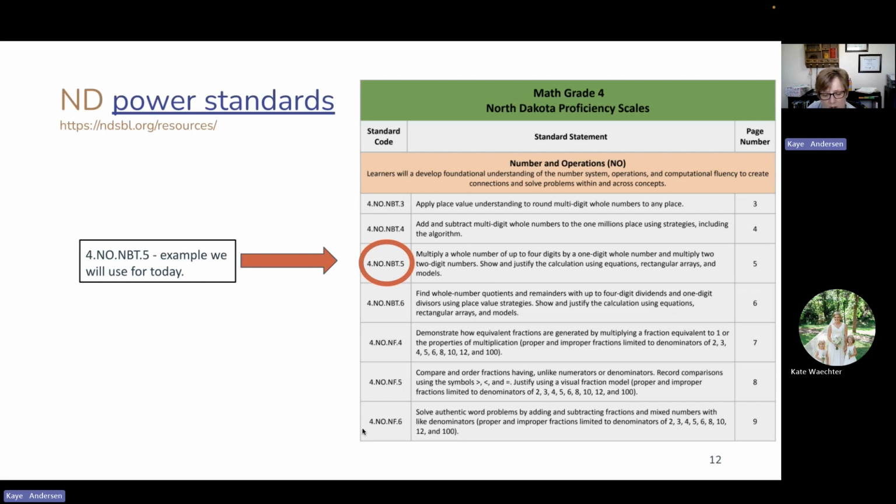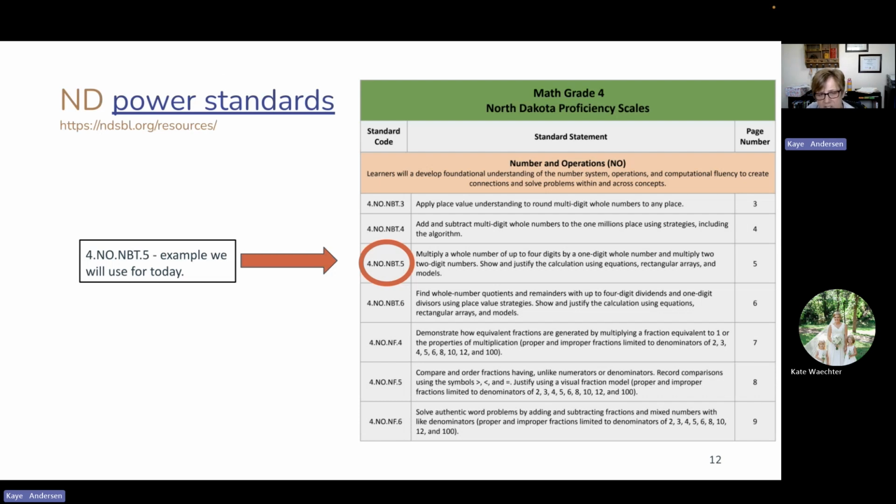I want to look at the priority standards that the state has identified for me, or perhaps you have your own school standards that have been identified. What are the standards that would be most important for our students in order to go to the next grade level? Today, we're going to use a standard from 4th grade Number and Operations in Base 10, number 5, as our example as we work through this process.